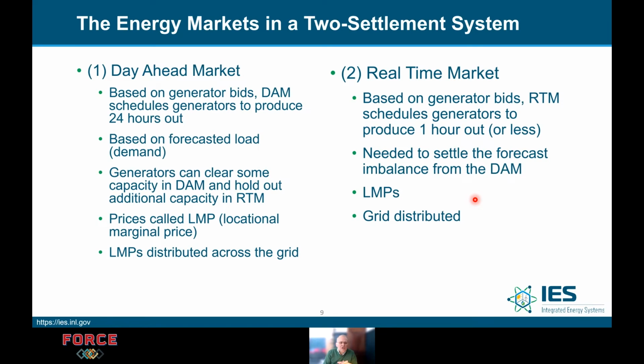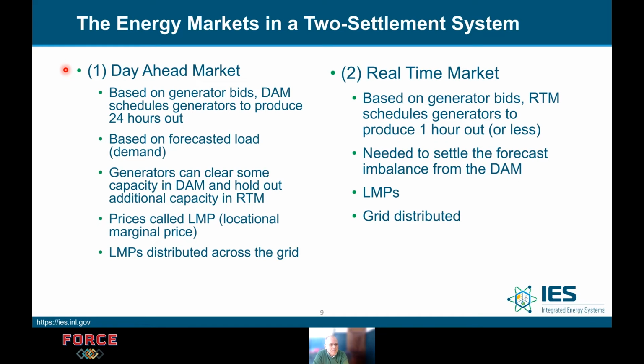So now we enter into what we refer to as the two settlement system. Why do we refer to that as the two settlement system? Well, these generators that I mentioned, they enter a bid for production into the day ahead market. So 24 hours out from when production will be needed, generators enter their bids into the market according to what I just described previously.